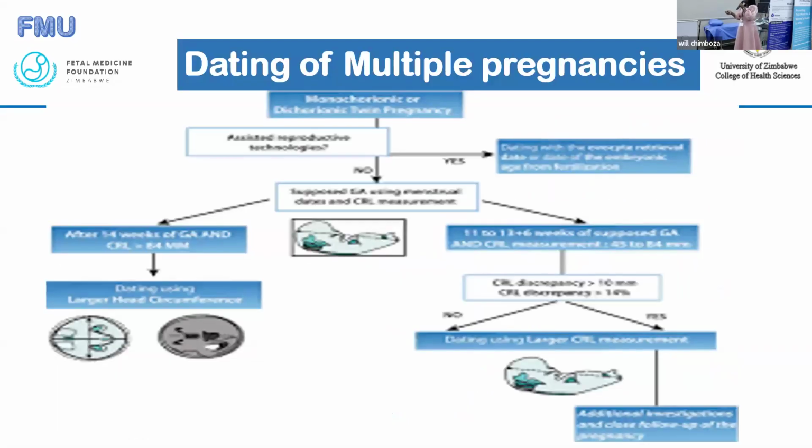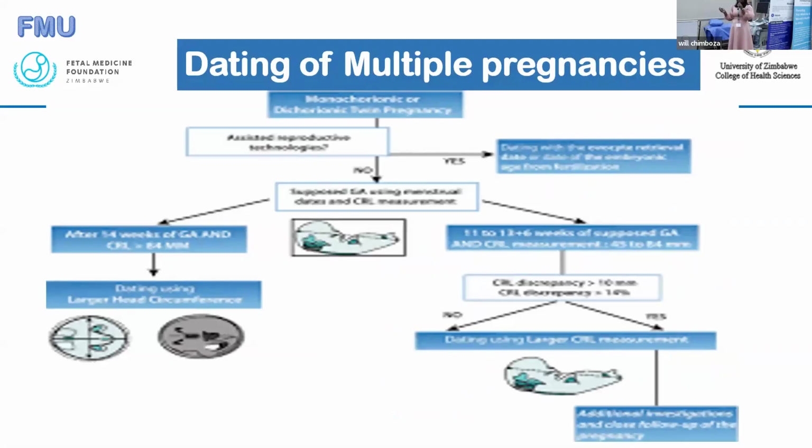So I'll move on to pregnancy dating in multiple pregnancies. In multiple pregnancies, of course, we ask the woman about her last normal menstrual period, and then we go on to perform the first trimester scan.